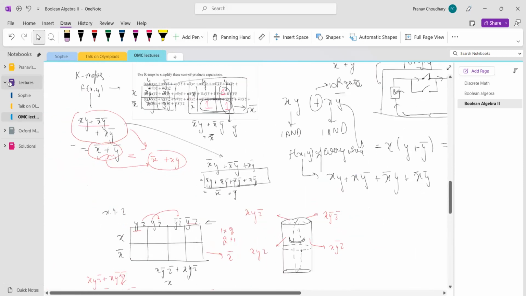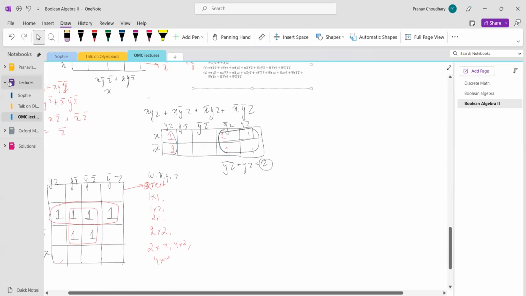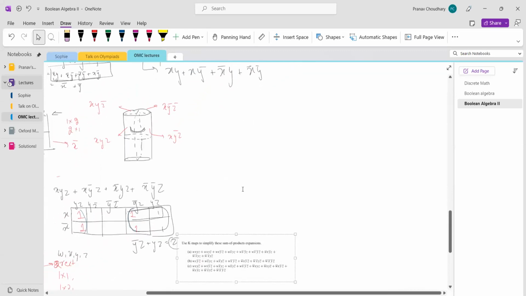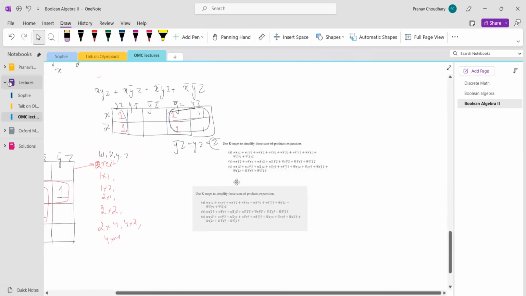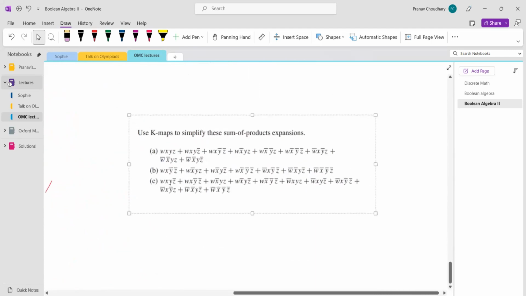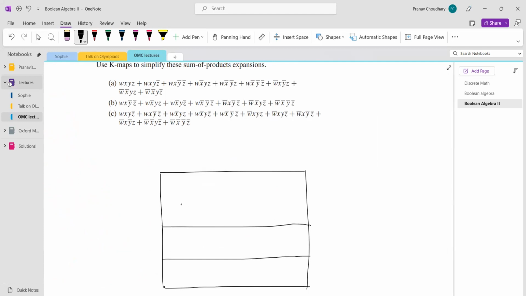Paste it there only. Try the first question. I'll also try it meanwhile because I haven't done it. Preferably do not see my work, because that will give you more intuition on how to do this.